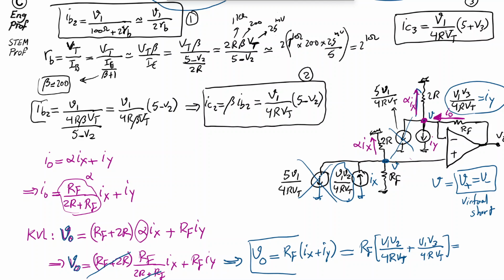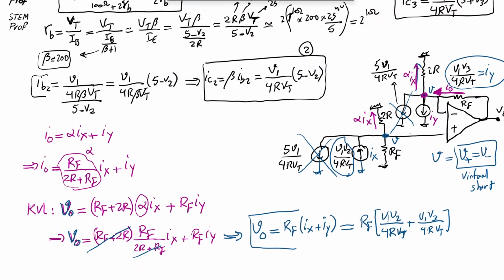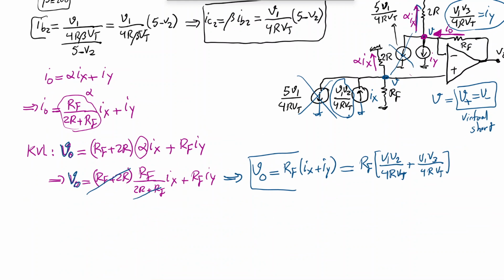So we factor out, and we get exactly what we wanted. The outcome becomes Vout is equal to RF divided by 4R VT times V1 times V2 plus V3, exactly what we wanted to say.